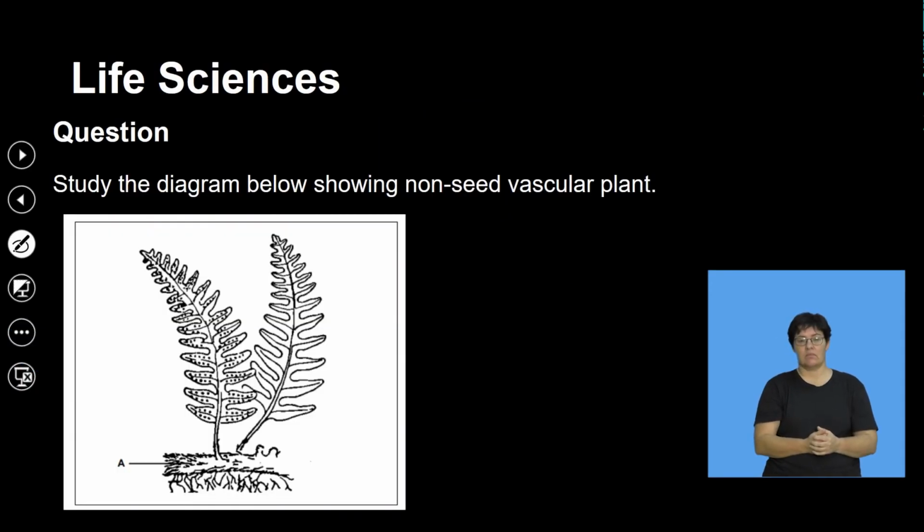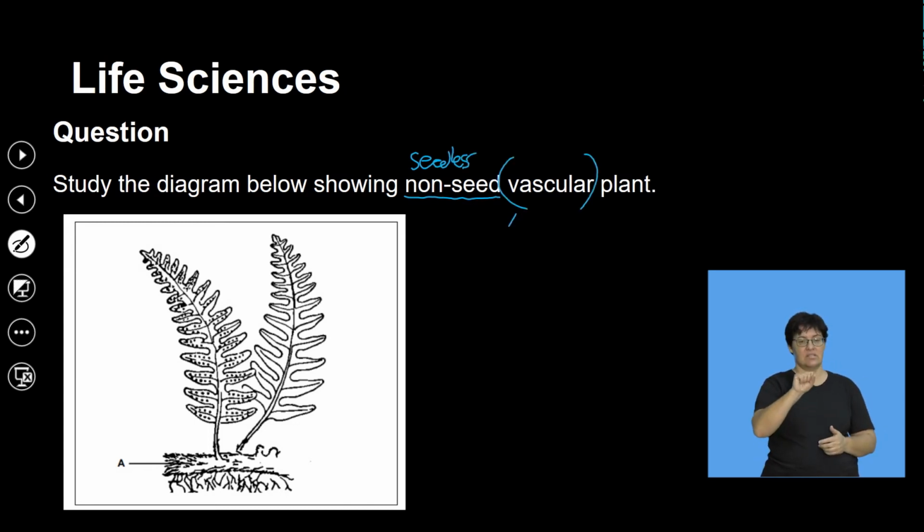Okay, guys, so the question here is, I've given you a diagram, and I'm hoping already that you are looking at it and you can identify it, and already in your head you understand where it's going to fit in. So I tell you that the diagram below is a non-seed, so it's seedless, and it is a vascular plant.